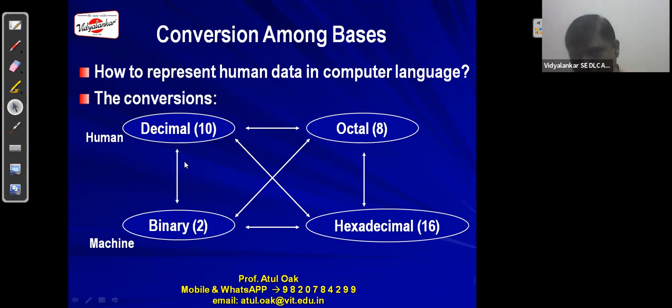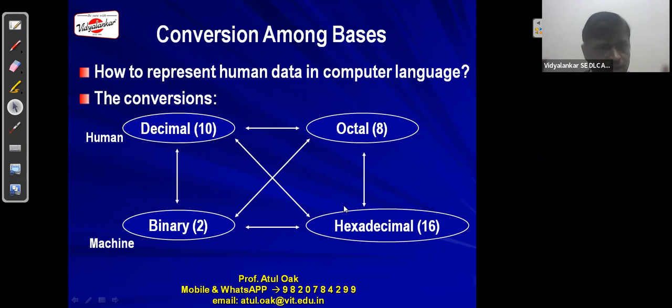Why 12? Because every arrowhead is one conversion. Decimal to binary, binary to decimal. Decimal to octal, octal to decimal. 2 plus 2, 4. 4 plus 2, 6. 6 plus 2, 8. 8 plus 2, 10. 10 plus 2, 12.